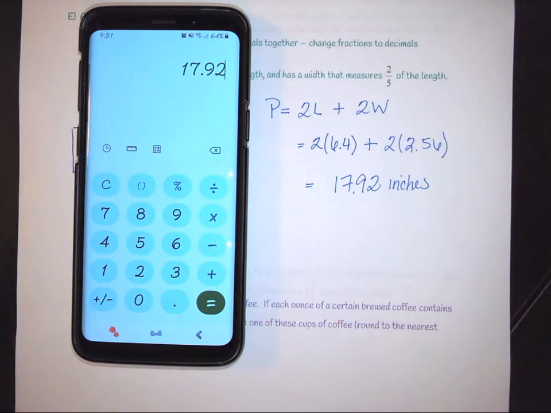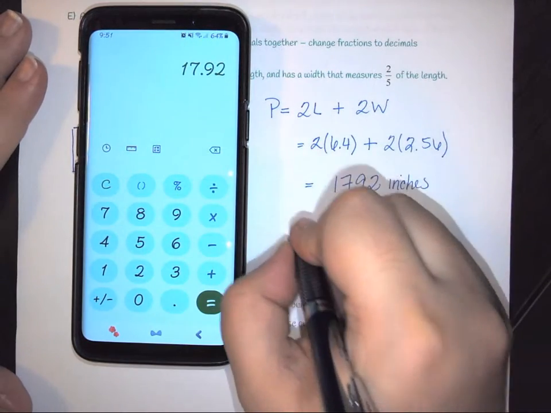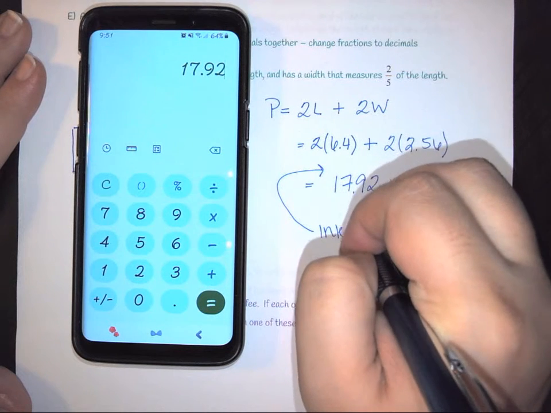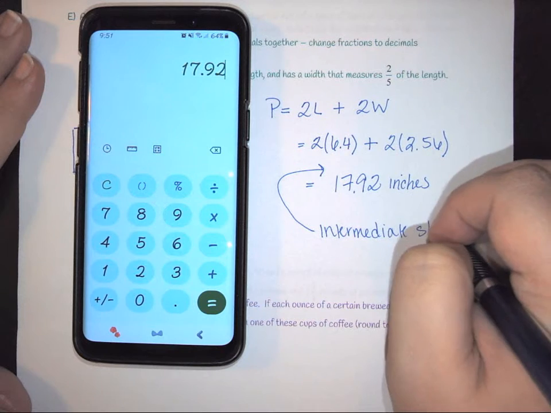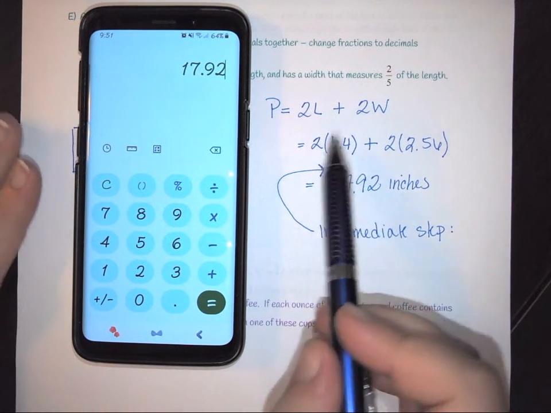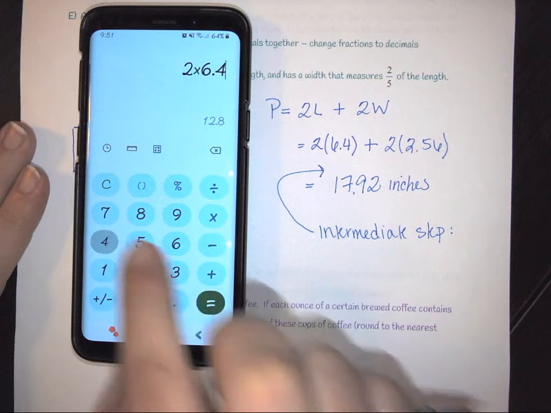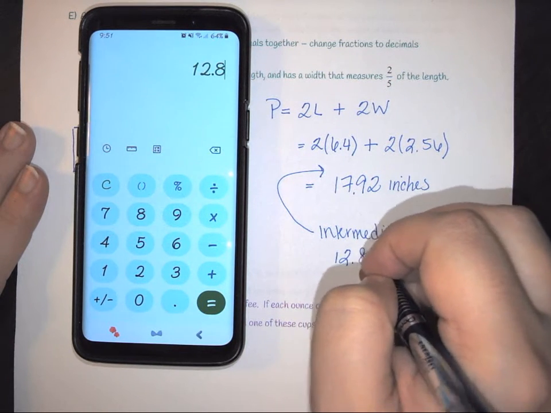inches. Now if your calculator does not have the parenthesis button, then the way that you would do this is you would do an intermediate step. What goes right in here is called the intermediate step. The intermediate step says first you would do 2 times 6.4. You would hit enter and you would write it down. So this would be 12.8.